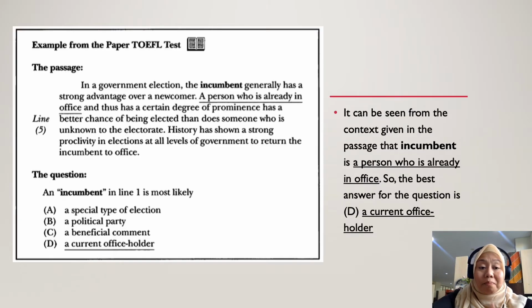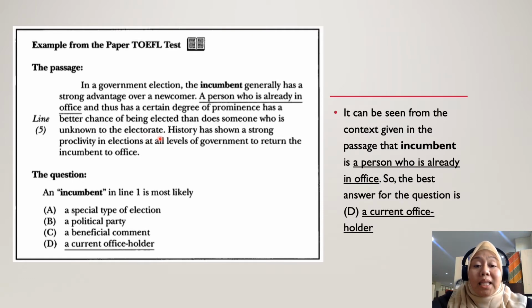Let's take a look at the example here. The question is, an incumbent in line 1 is most likely... Here we can read in the passage, in a government election, the incumbent generally has a strong advantage over a newcomer. And then after that sentence, a person who is already in office and thus has a certain degree of prominence has a better chance of being elected than someone who is unknown to the electorate.